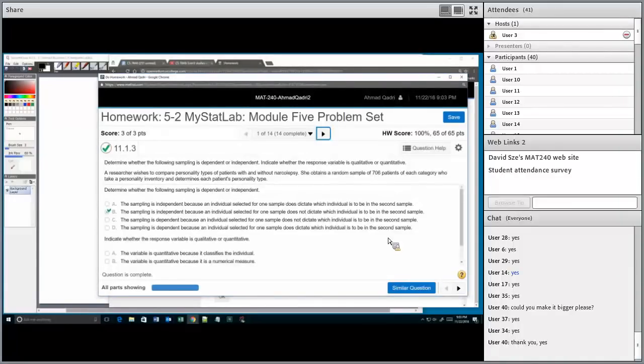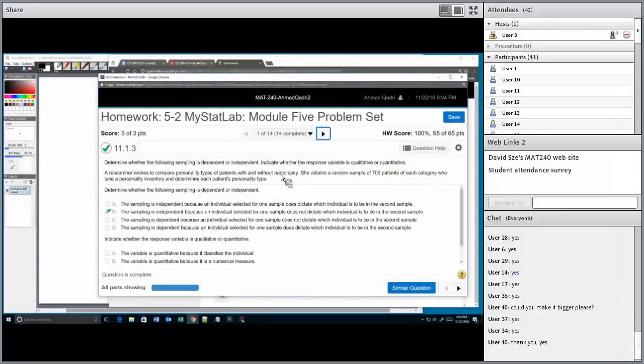Okay, so here's the first problem. First of all, this problem involves two samples. Let's talk about it, and then maybe I can expand on what is being considered here. Determine whether the sampling is dependent or independent, and indicate whether the response variable is qualitative or quantitative.